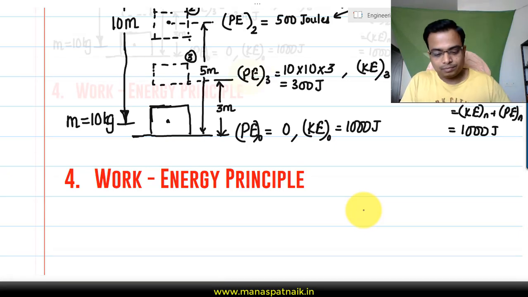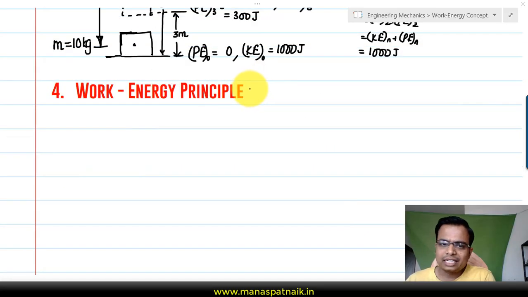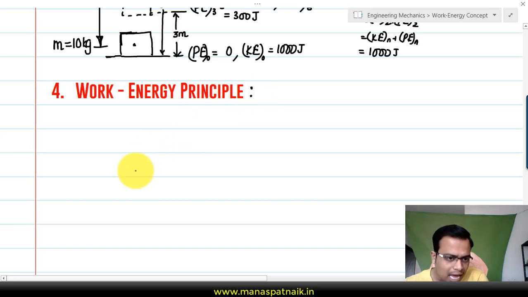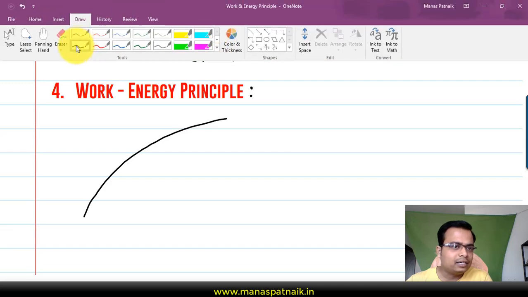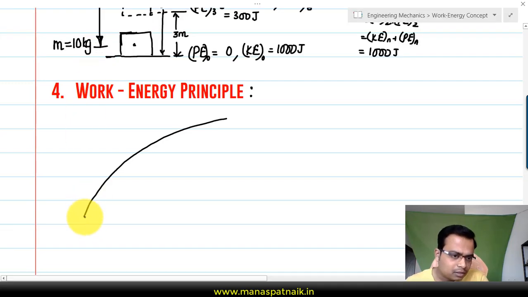Here we go. So in order to understand this principle, what I'll do right now is consider a track over here, a random path. Let's say this way, and we'll have a particle. Let me make that particle red. So we have a particle over here.